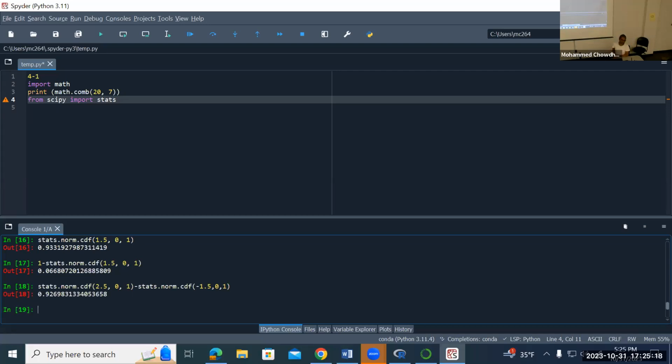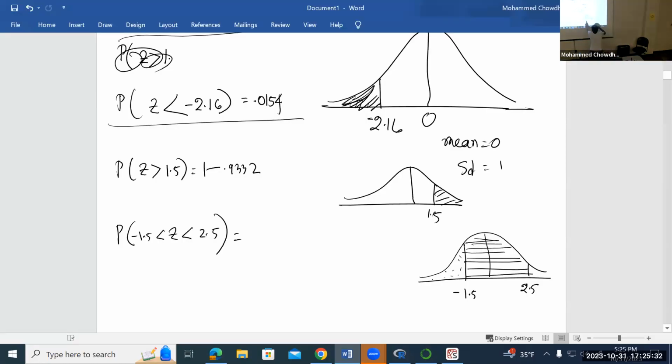This is called the between. Less than, greater than, between. Between negative and positive, right? Between negative and positive. There could be between negative, between positive as well.